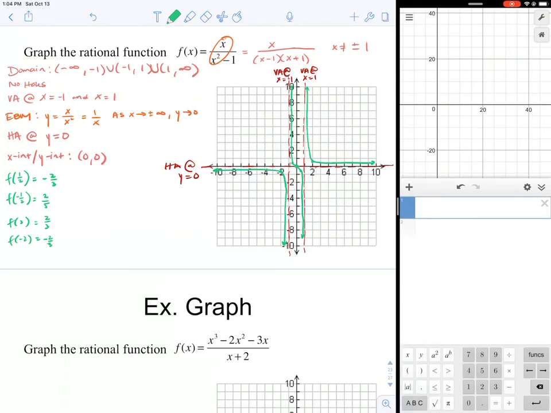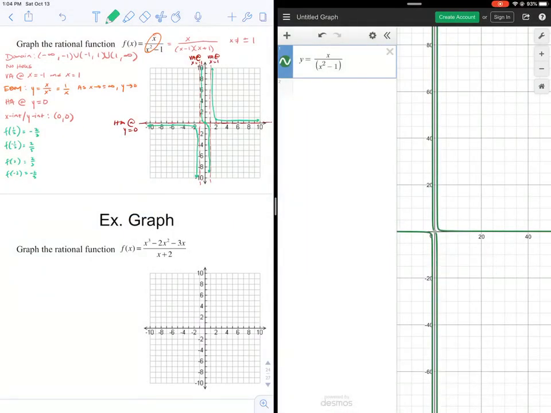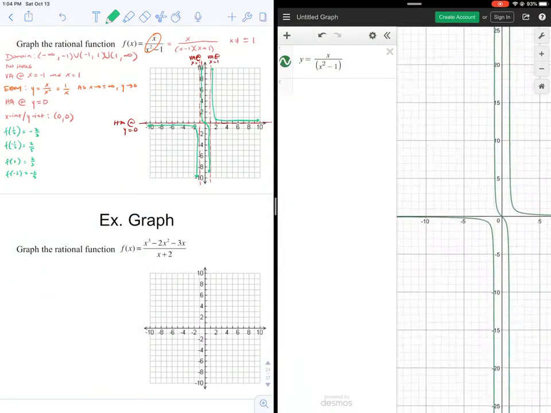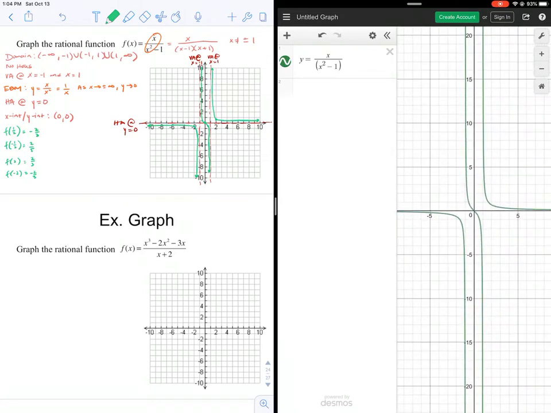Okay, so y equals x divided by x squared minus 1. Okay, not bad. Hey, look, they even did green. All right, not bad. Our graphs look pretty similar.